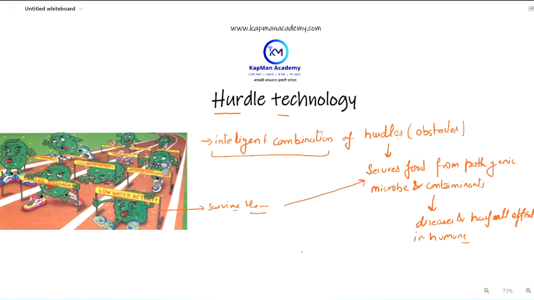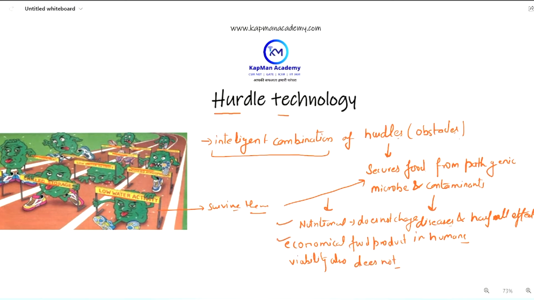Its nutritional value remains as such. In this case, the nutritional value of food does not change. In the same way, the economic viability of the food product also does not change.